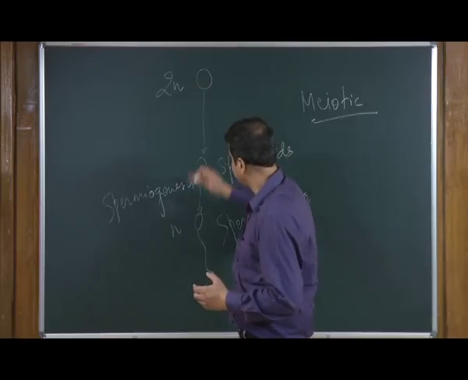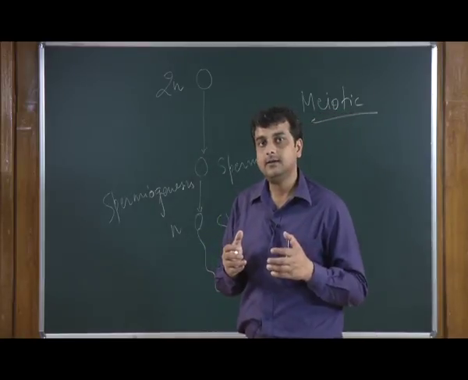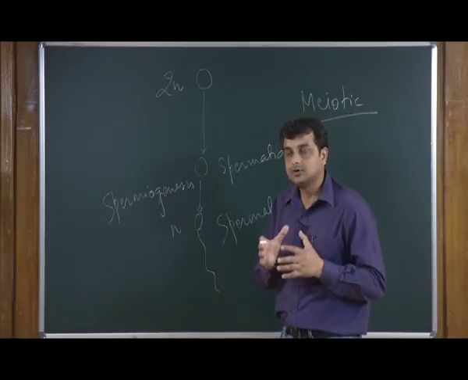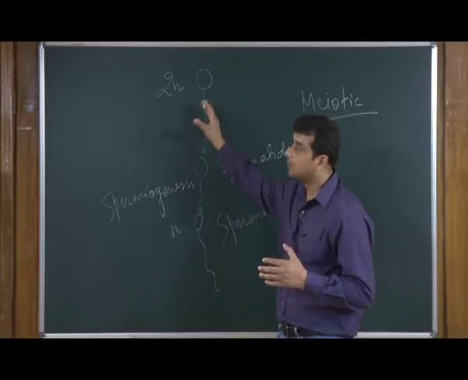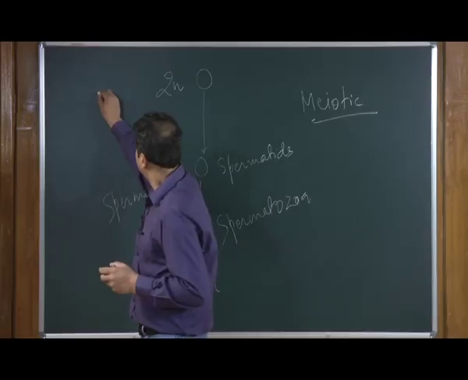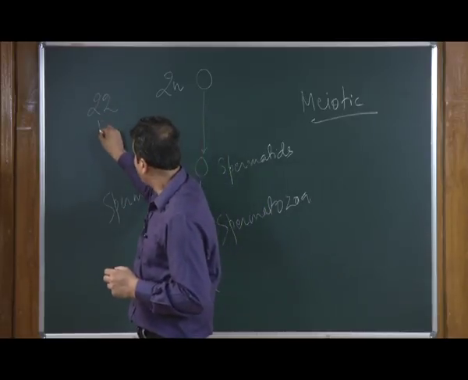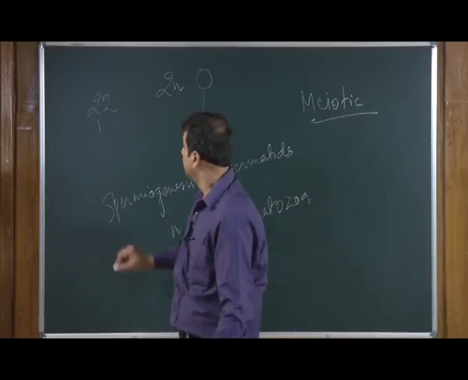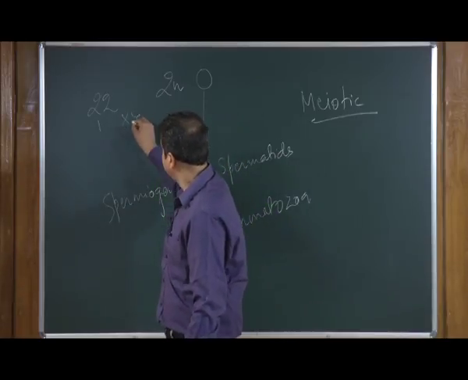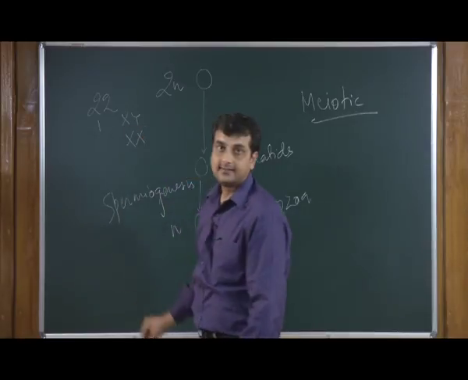From one cell we get 4 different sperms. If you see the actual chromosomal structure in the whole diploid cell, there are 22 pairs of autosomes and then 1 pair of sex chromosomes. In males it is XY, and in females it is XX.